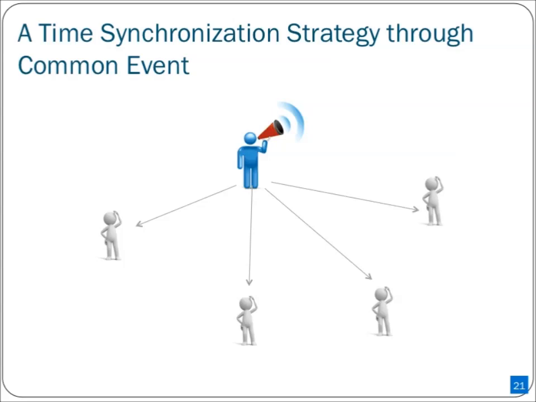Does any of you know how to do time synchronization between two sides? If you have a clock and she has a clock, how to do time synchronization? You have a communication between the two, right? So you can send a packet that includes what time you think it is right now.